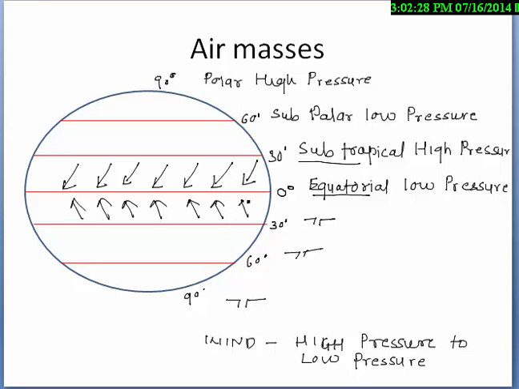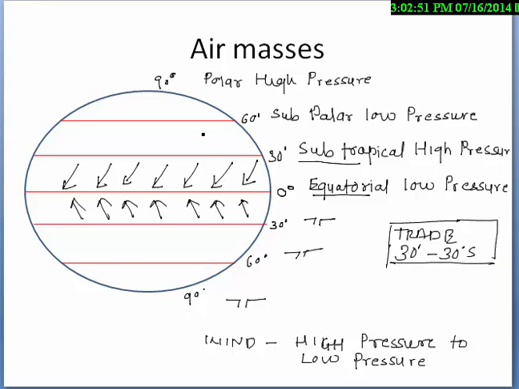These winds, which travel between 30 degree north and 30 degree south, are known as trade winds.